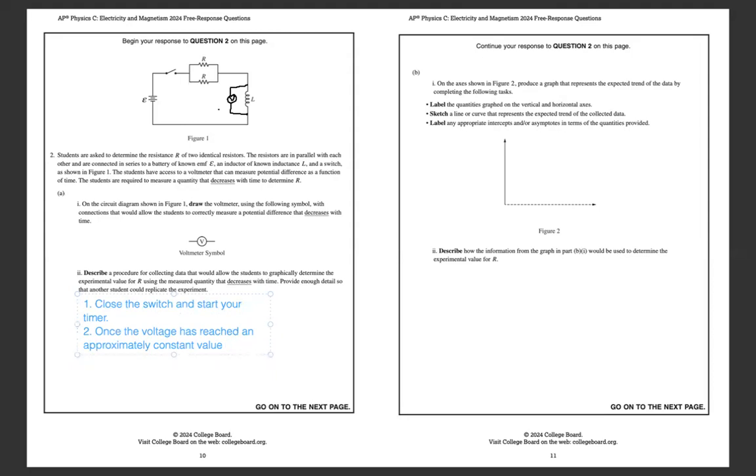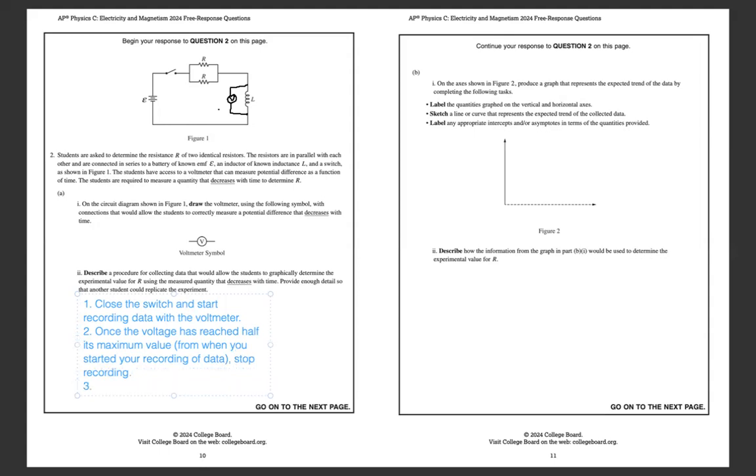Actually, what you need to do is once the voltage has reached half its maximum value, from when you started your time, start recording data rather, not your timer. Start recording data with the voltmeter. Right, so when you started your recording of data, once the voltage has reached half its maximum value, you can stop recording.